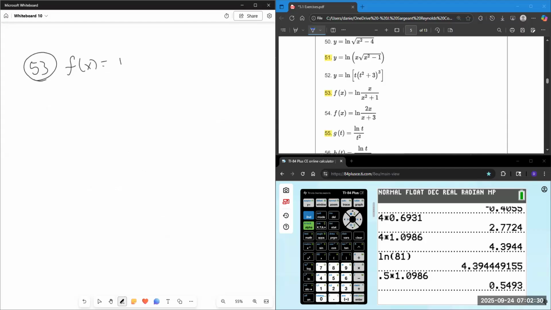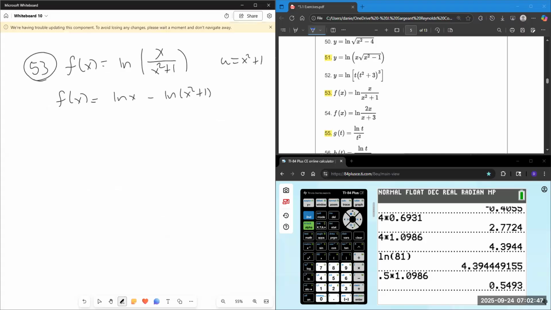F of x is ln of x over x squared plus 1. So f of x is ln of x minus ln of x squared plus 1. U is x squared plus 1. U prime is 2x.